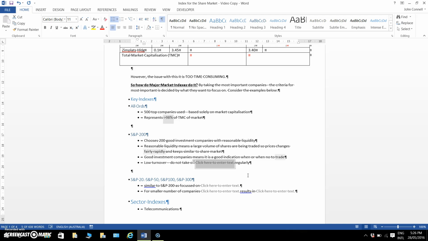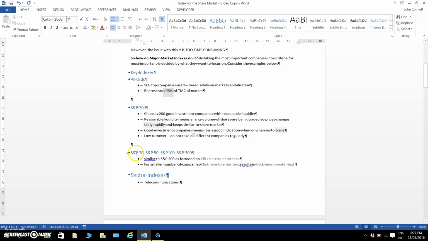A low turnover means that they're not doing that very much, so they do not take on different companies regularly. So there's a stability about the index, which means it's valid to compare from one time to the next.